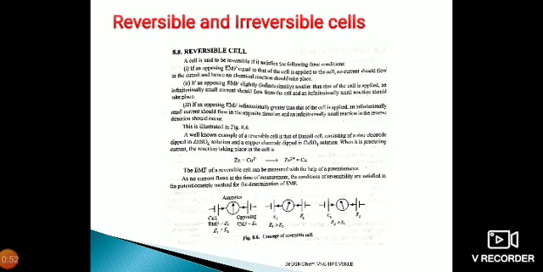So this reaction will take place. And if an external EMF slightly greater than the actual EMF of the cell is applied to it, the current will begin to flow in the opposite direction and the cell reaction will get reversed, as we see: Cu plus Zn2+ giving rise to Cu2+ plus Zn. That is the reverse of the earlier reaction. Such cells are called reversible cells, and in this case the Daniell cell is a reversible cell.